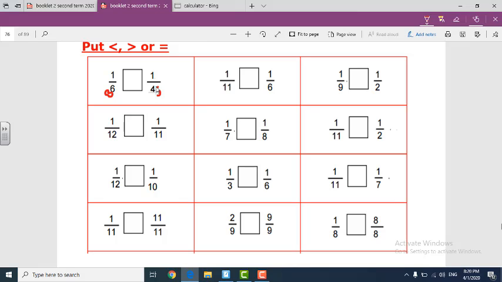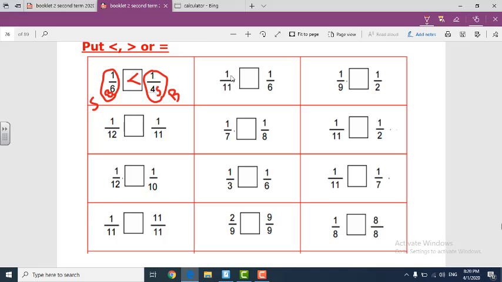If the bottom number is small like here, the whole fraction is big. And here, if the bottom number is big, the whole fraction is small. So 1/4 is bigger than 1/6.